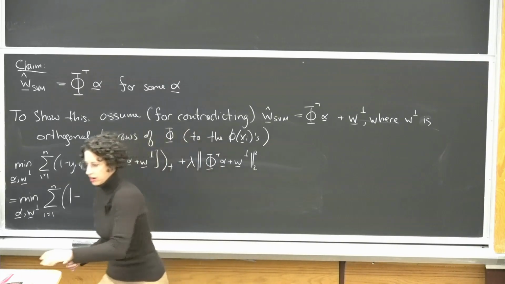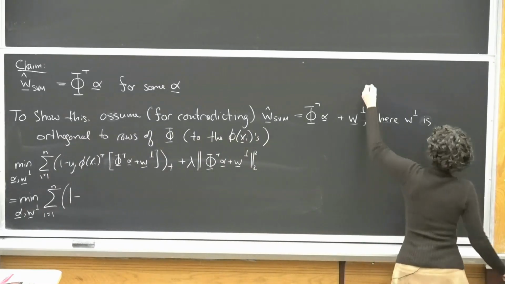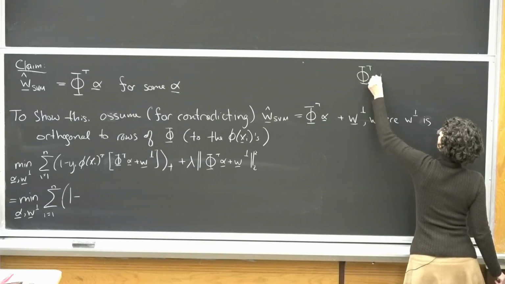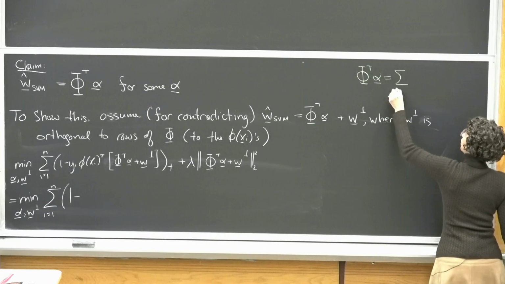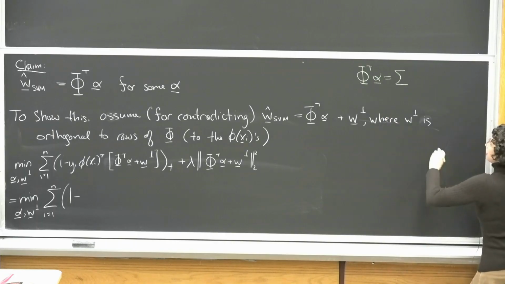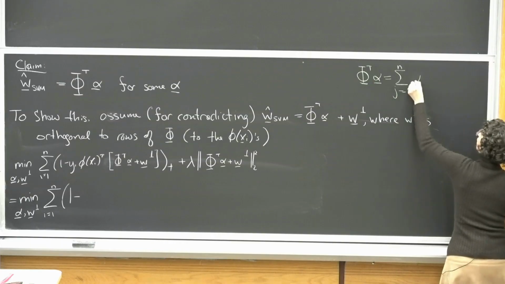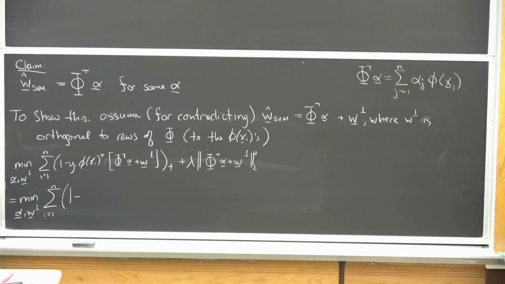And off to the side, I just want to remind everyone that when we talk about phi transpose alpha, alpha is a length n vector. So I've got the sum from j equals 1 to n of alpha j times phi of xj. So that's what we mean when we write capital Phi transpose alpha.